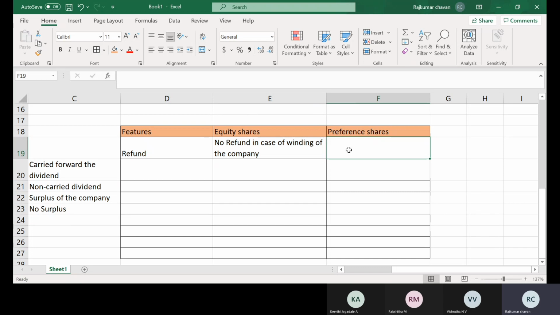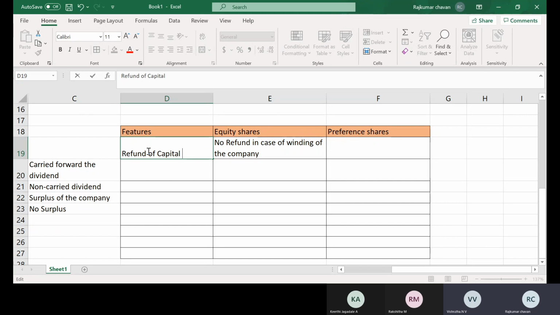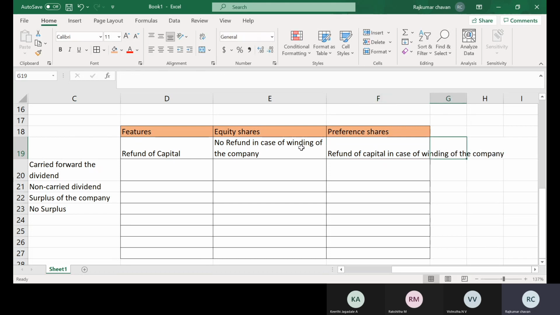Do preference shares get refund? Yes, sir. They get refund. So you will get refund of capital in case of winding up of the company. Is that clear? That is one difference.